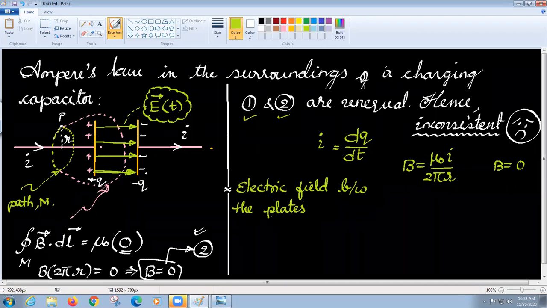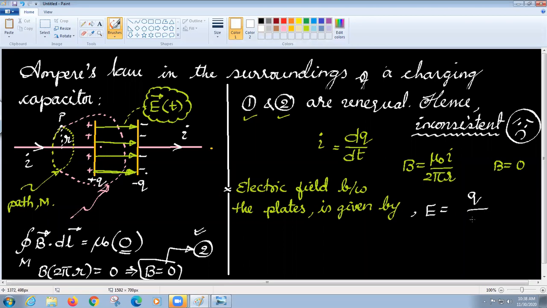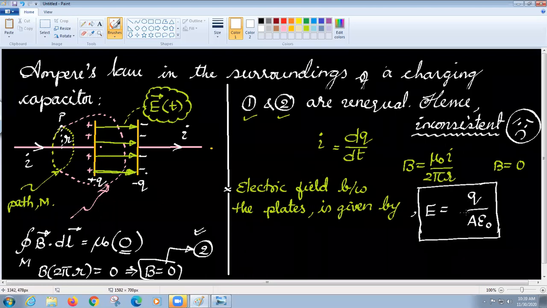So the electric field between the plates is given by, say, E is equal to Q over A epsilon naught. So you have charge in the numerator, and this charge keeps on varying, of course, and you have the area of the plate.